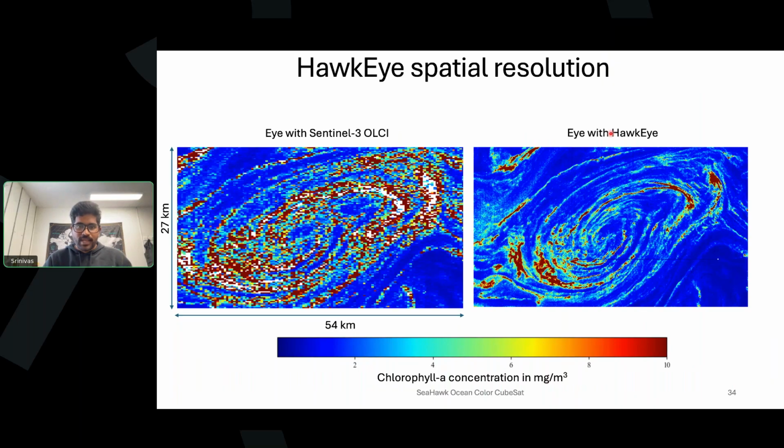So if we can combine the strengths of both these sensors, we can get global high spatial resolution OLCI data at 120 meters. That's what we are trying to do here.